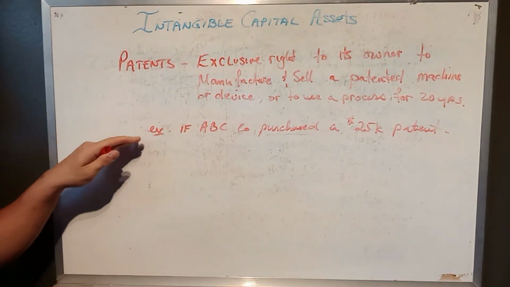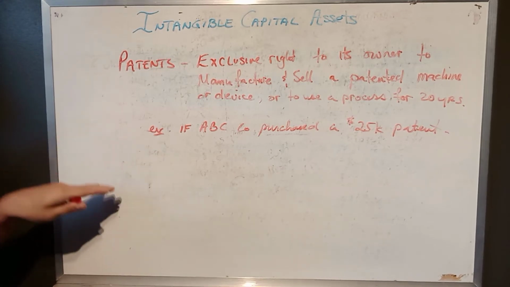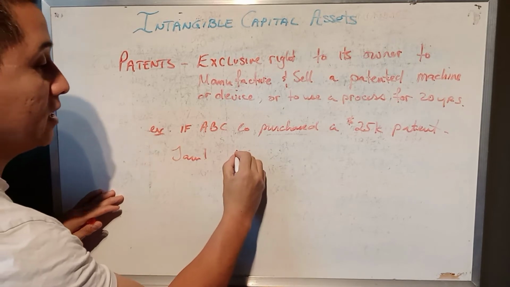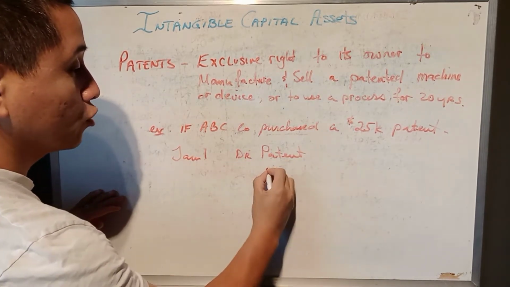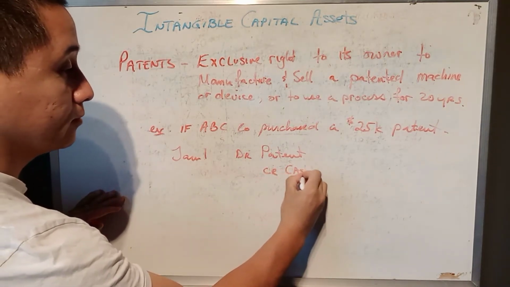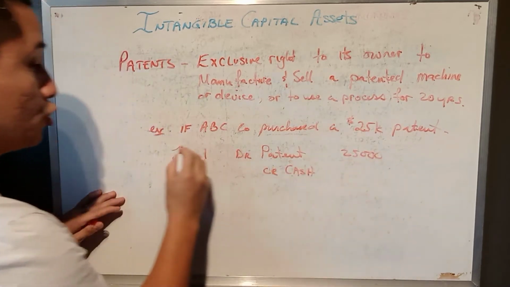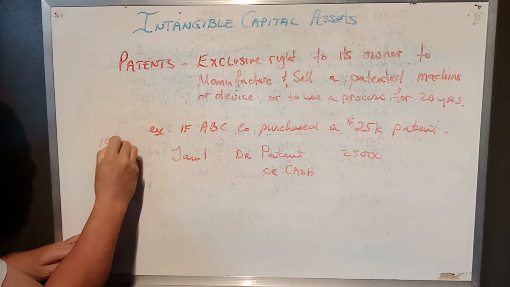Patents are recorded, like intangible capital assets, at cost. Let's say this happened on January 1st. So it would be debit patent and credit cash of $25,000. Now let's assume that it has an estimated useful life of 10 years.